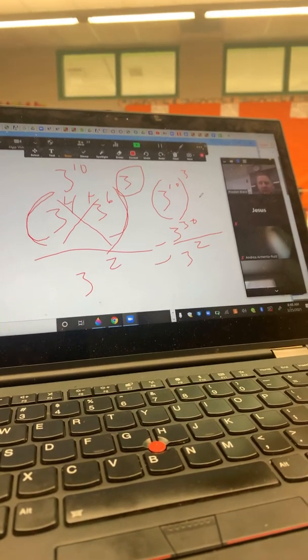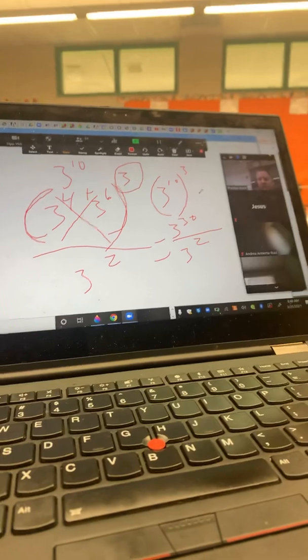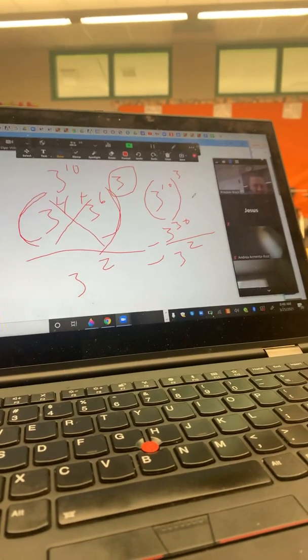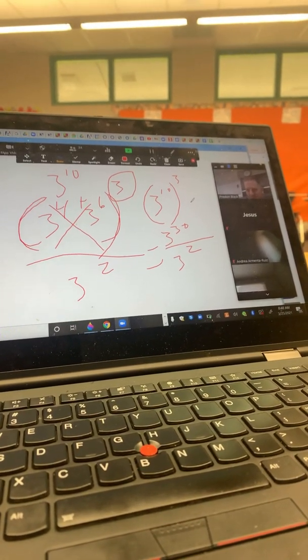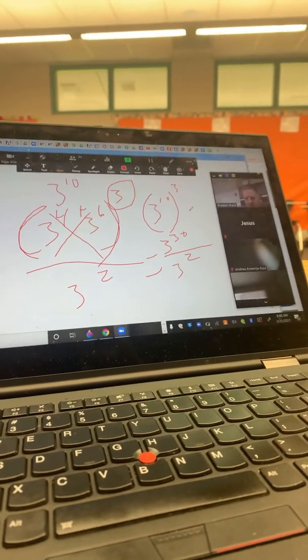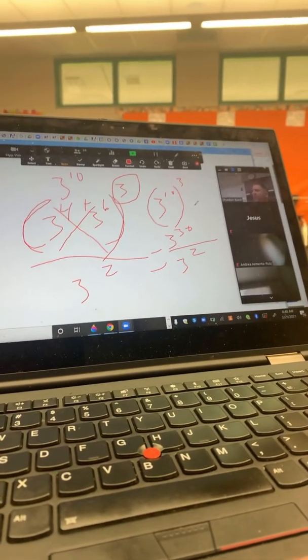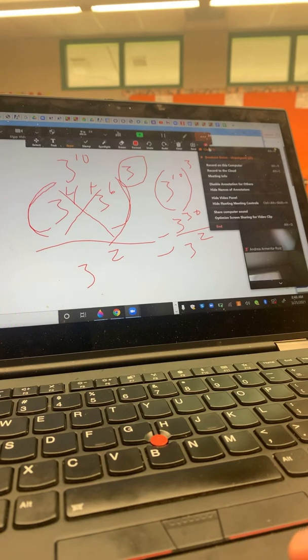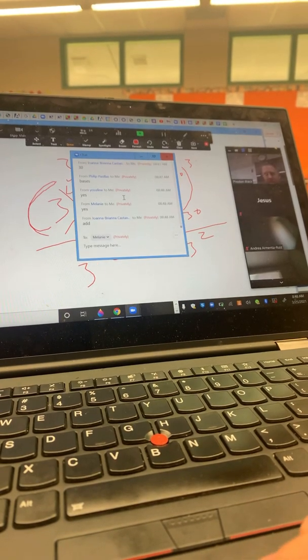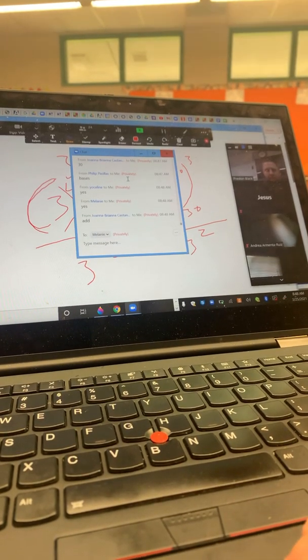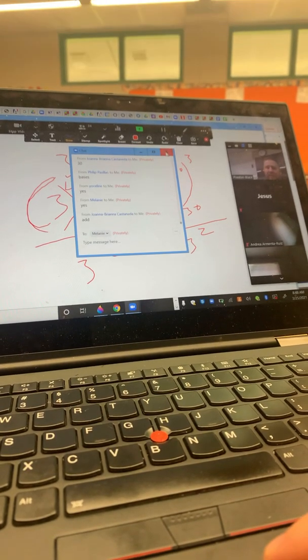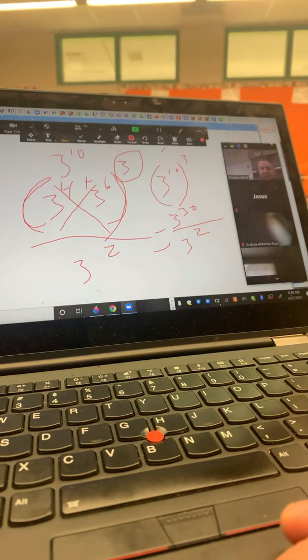If the bases are the same in a division problem, what do we need to do with the exponents?